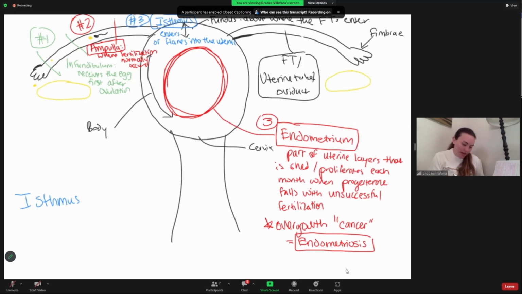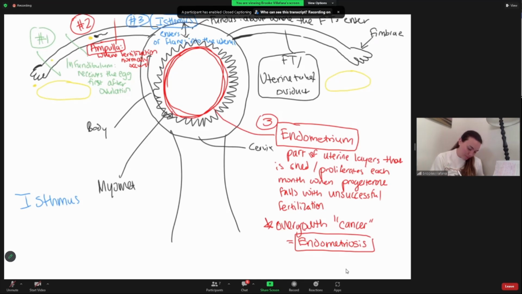All right, the next layer of the uterus is our muscle layer. So this is going to help with propelling out the endometrium. It will help with birth as well. So myometrium, myo meaning muscle. This is layer number 2 of the uterus, and this is the muscle middle layer.